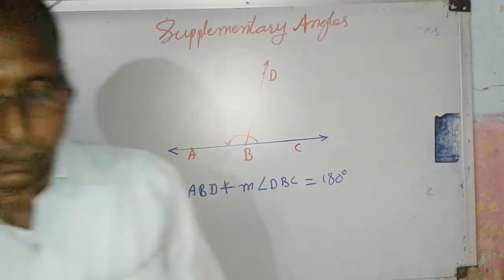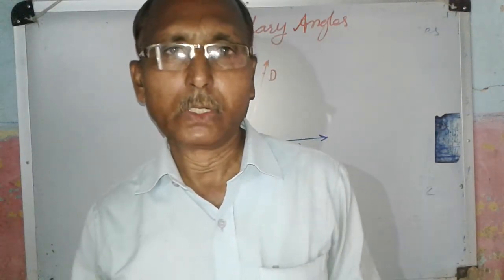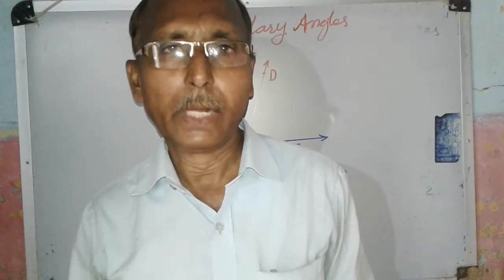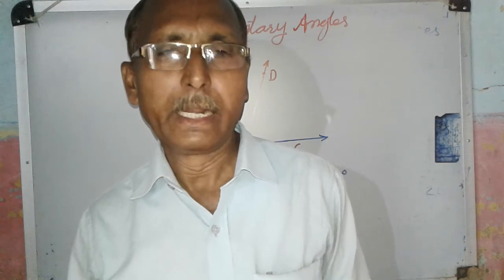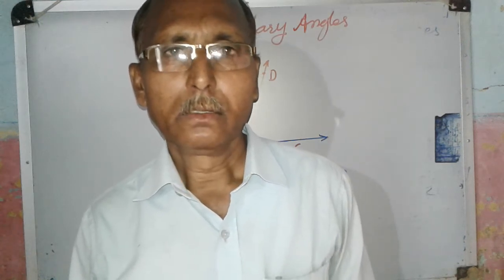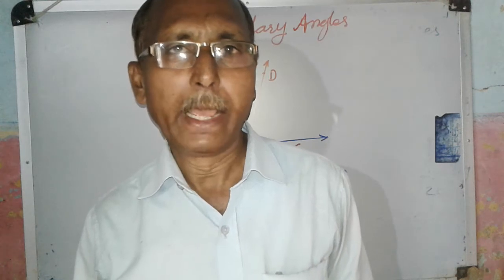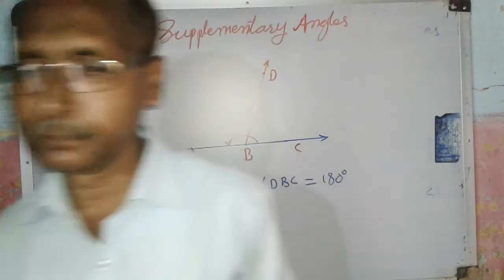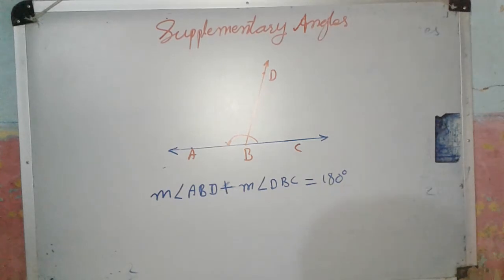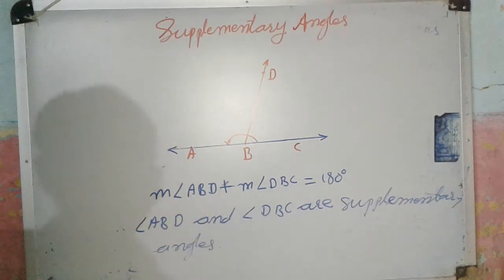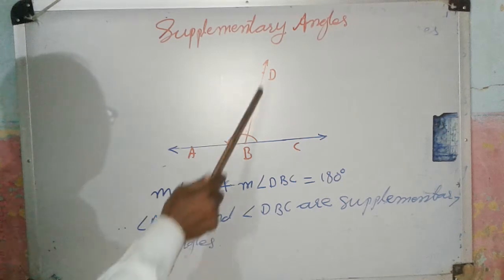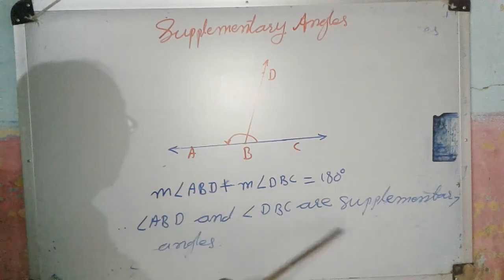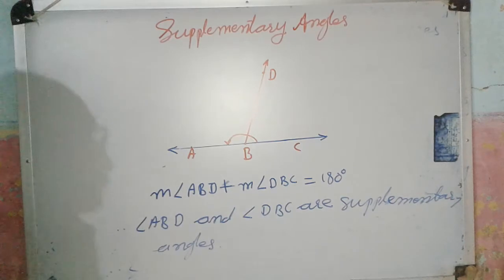That means if the sum of the measures of two angles is 180 degrees, then those angles are known as supplementary angles. And therefore angle ABD and angle DBC are supplementary angles.